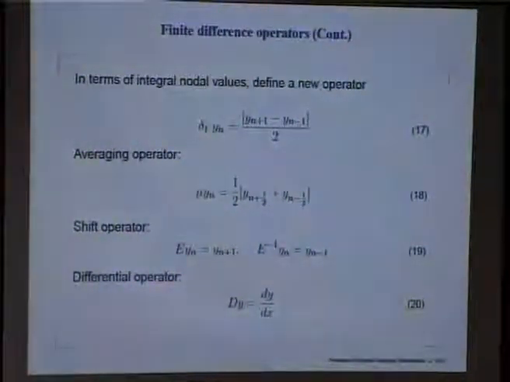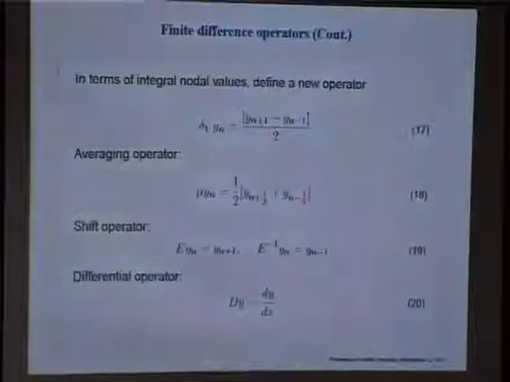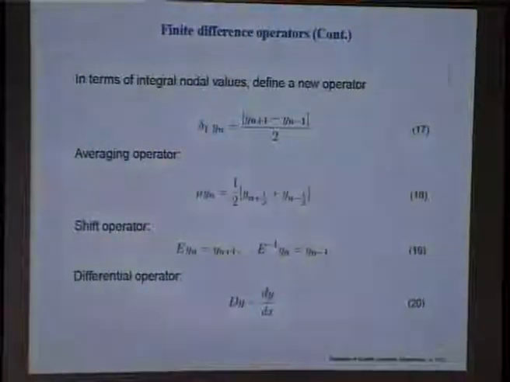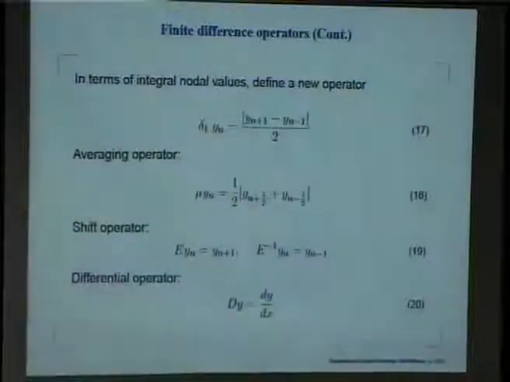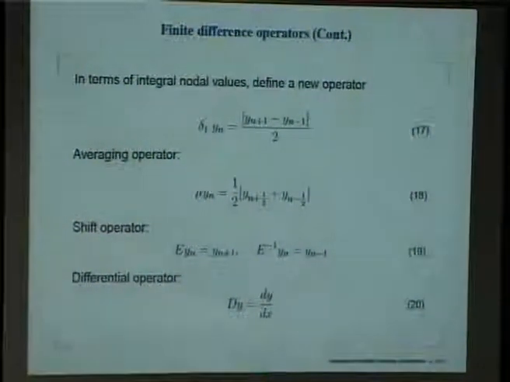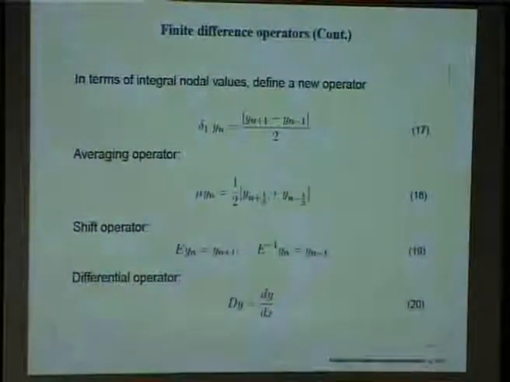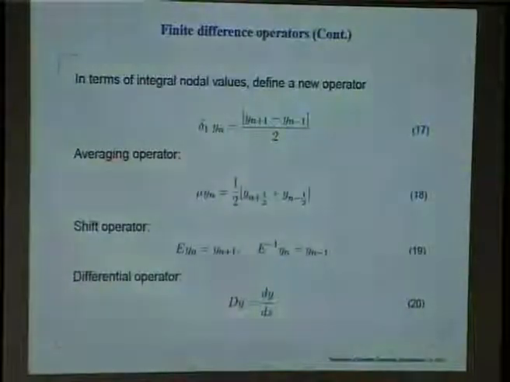Now, we can also bring in what we call an averaging operation. So, the averaging operator is mu. That means that you are taking the function values to the left and right and averaging them with equal weightage. Now, given a point y n, I could write y n plus 1 as if some shift operator E is working on it.